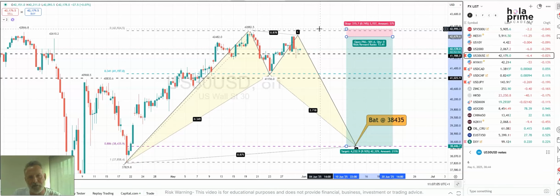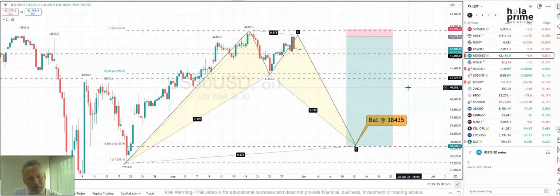So this one's coming in at 13.4R. So basically every £10, €10, $10 that you're risking on a trade setup, you've got a chance to get 13 of those back for your risk reward. So very beneficial if you can get those trade setups.